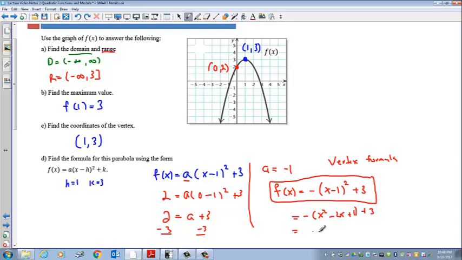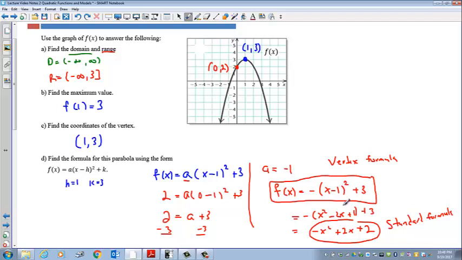And of course that would be equal to negative x squared plus 2x, and then a minus 1 plus 3 would be a plus 2. You can write it like this in standard form, using the standard formula if you want.